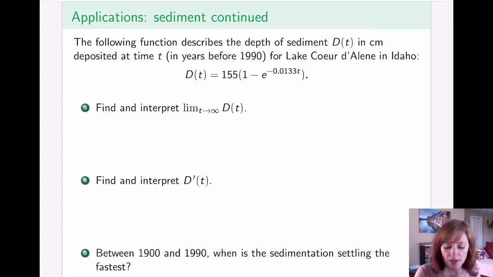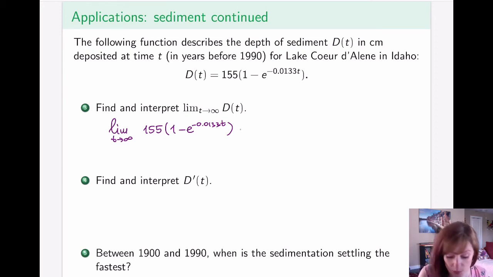Now we're asked to find and interpret the limit as t goes to infinity of our function. So first of all, let's consider this limit. We have 155 times 1 minus e to the negative power. You can analyze this directly, or you can rewrite the negative power as the reciprocal, and it might be slightly easier to see the actual nature of the function.